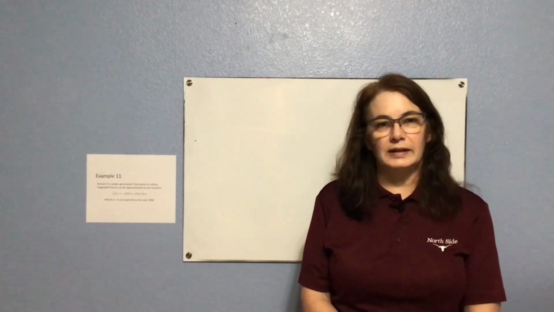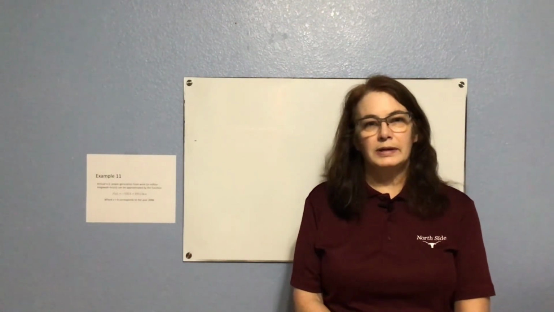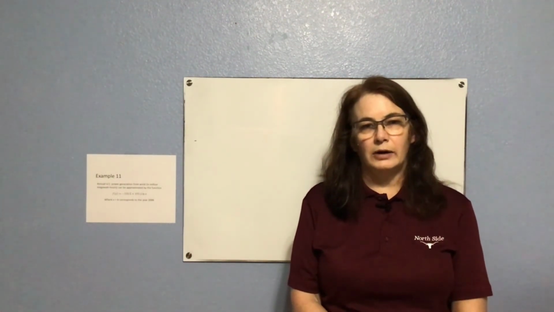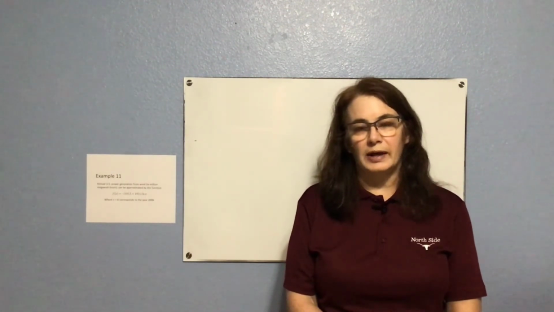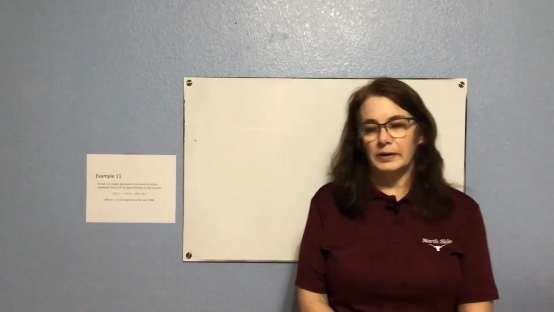At the beginning of this lesson, I talked about how some uses of logarithms are no longer really applicable, but we do use them in some real-life situations. Let's look at one.